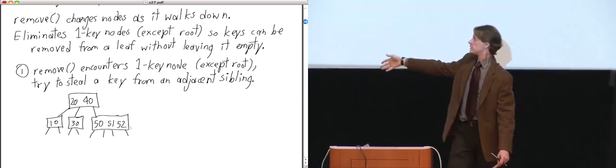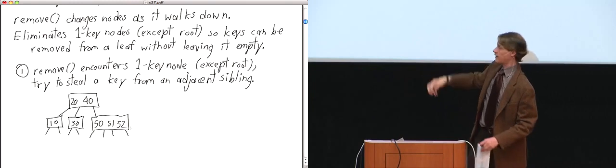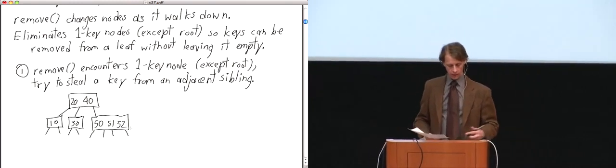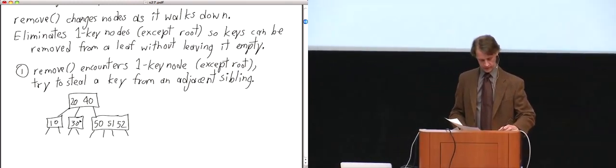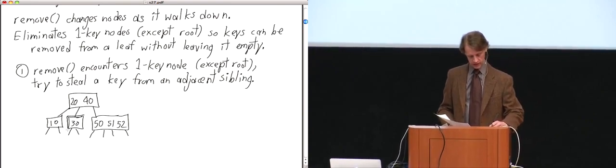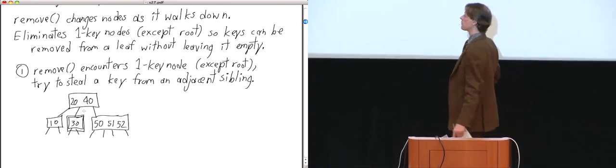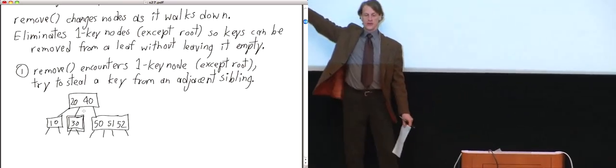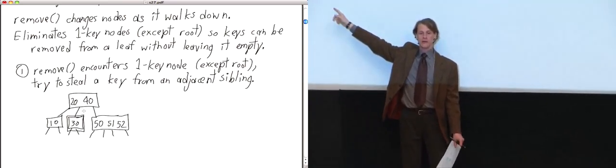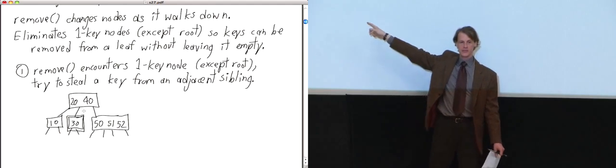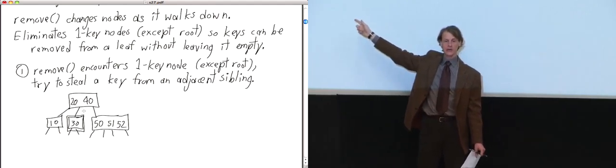Maybe I'm wanting to remove 29 or something. And so I wind up visiting this 30 node here in the middle. So when I visit 30, that's a 1-key node. I don't like 1-key nodes. I want to do something to get an extra key into that node.